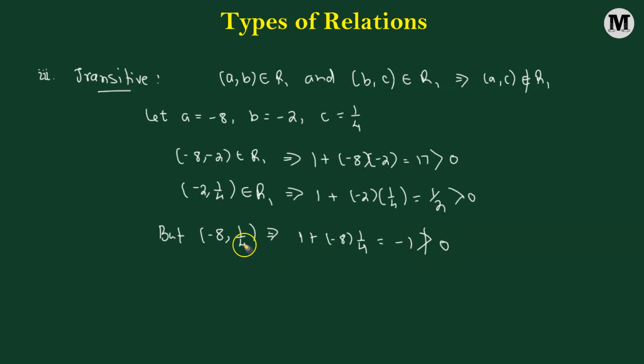So this ordered pair (-8, 1/4) does not belong to the relation R1. Thus we can say that the relation R1 is not transitive. So here we have successfully shown that the relation R1 is reflexive and symmetric, but it is not transitive. And immediately we can also say that the relation is not going to be an equivalence relation.